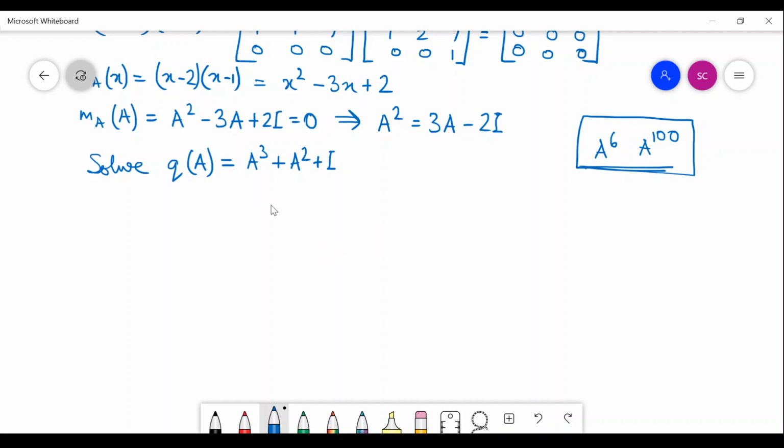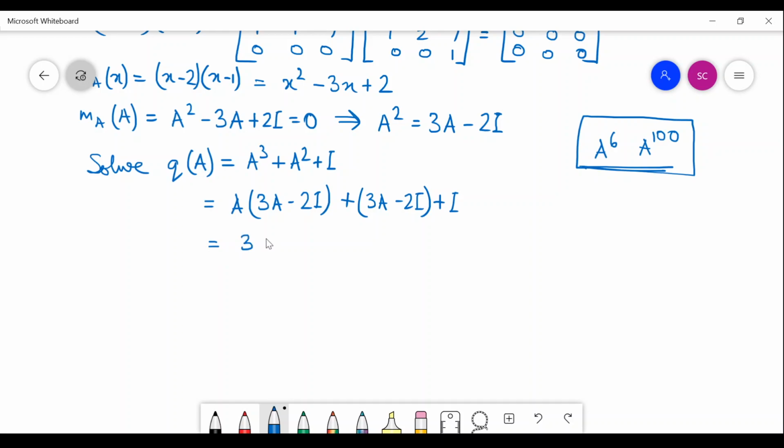Here what I will do is try to replace A square. Since I know what A square is, I will replace it here. So A into A square, I am replacing by 3A minus 2I. Here also I am replacing by 3A minus 2I, and another I is here. So now I am doing simple algebra first.